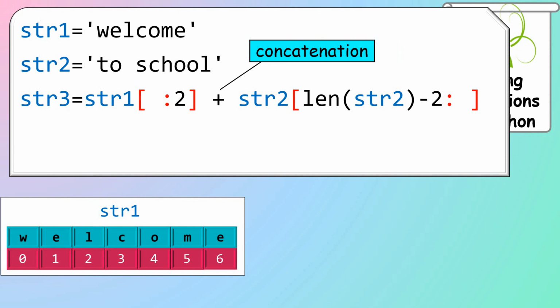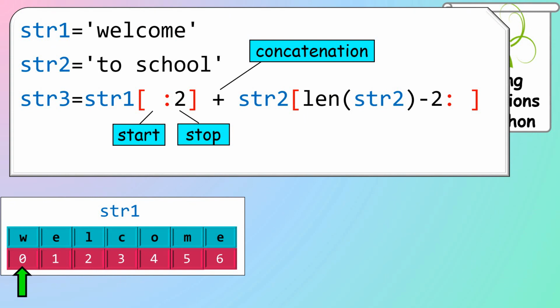So here str1 square brackets is the slicing operator, and within the slicing operator you are having 2 parameters, start and stop index. The start index is omitted. That means it is 0. You have to take the default value 0. And the stop value is 2. So the actual stop value is 2.